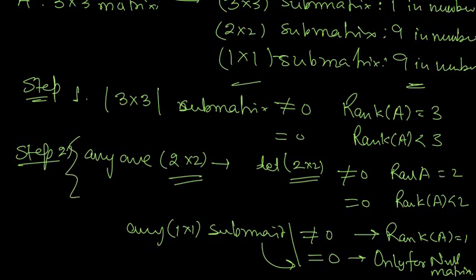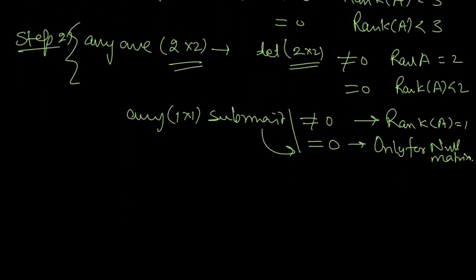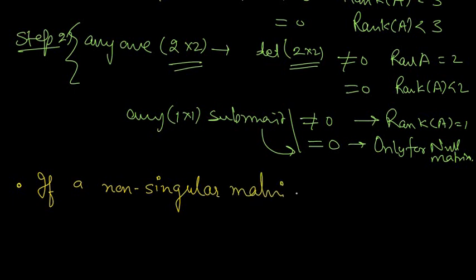So for any one 2 cross 2 submatrix, if the determinant is non-zero, then the rank is 2. There is one more statement about the non-singularity of a matrix.